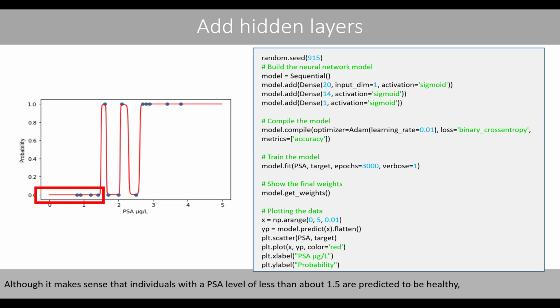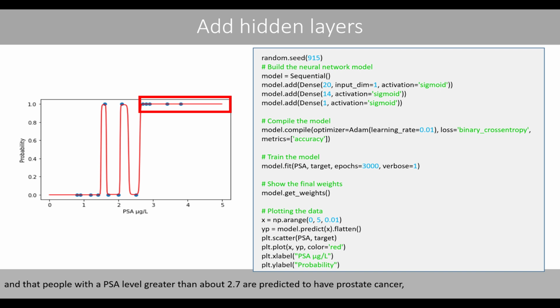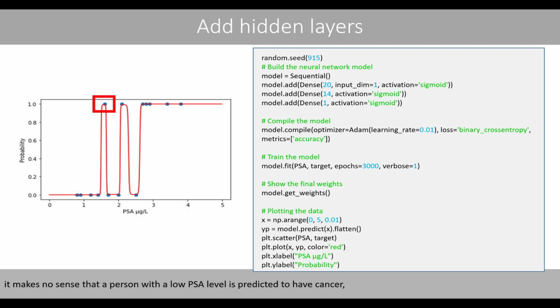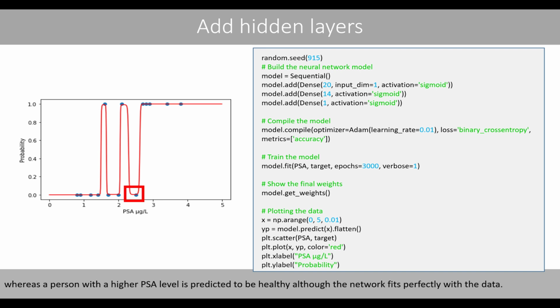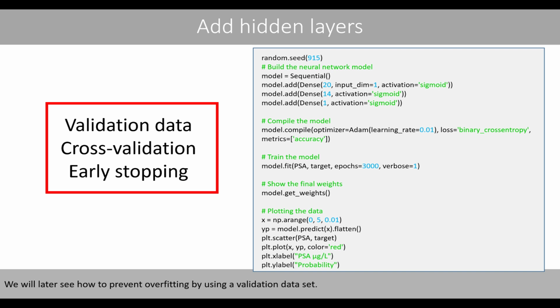Although it makes sense that the individuals with a PSA level of less than about 1.5 are predicted to be healthy, and that people with a PSA level greater than about 2.7 are predicted to have prostate cancer, it makes no sense that a person with a low PSA level is predicted to have cancer, whereas a person with a higher PSA level is predicted to be healthy, although the network fits perfectly with the data. We will later see how to prevent overfitting by using a validation dataset.